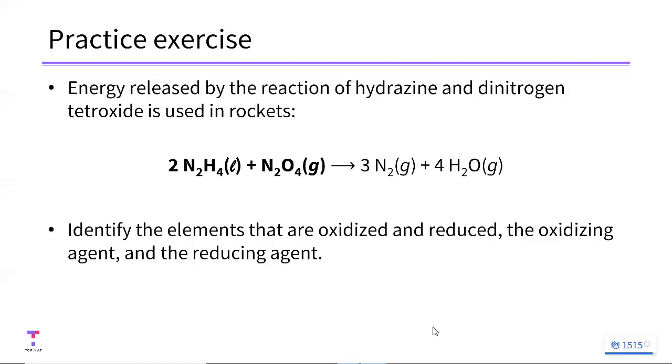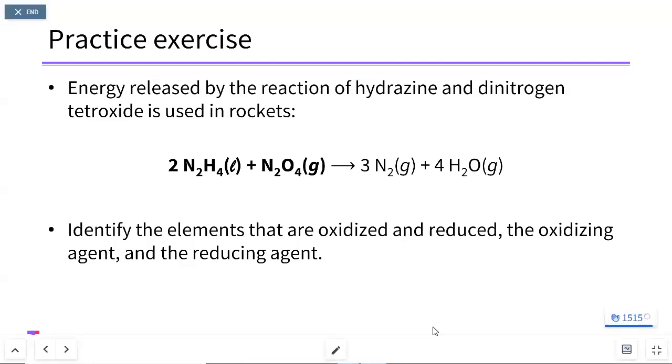Here's what our task is. We know the products of this reaction are nitrogen gas and water vapor. What are the elements oxidized and reduced? What is the oxidizing agent and reducing agent? For this question, we have to assign oxidation numbers.